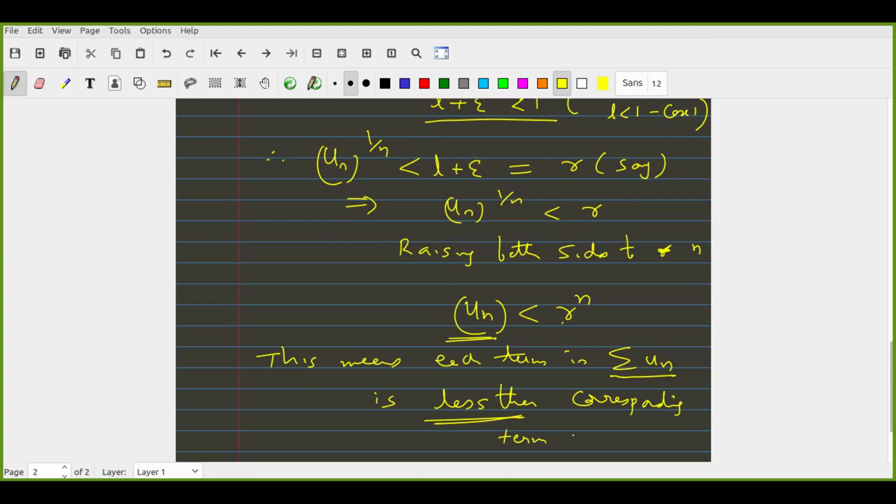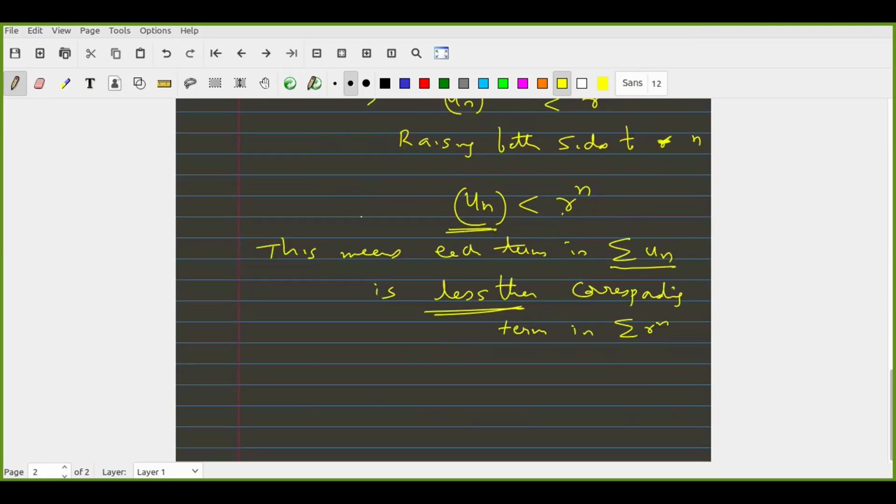The right hand side you can also consider as the series r^n. Well, r is a fixed number L plus epsilon. So this is a fixed number which is less than 1, which is a GP, a geometric progression. So we know that a GP converges if the common ratio r is less than 1.